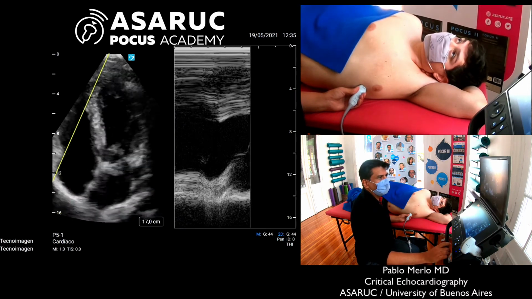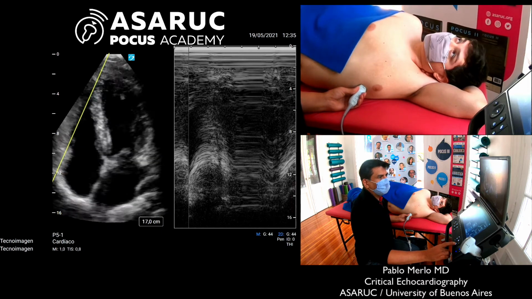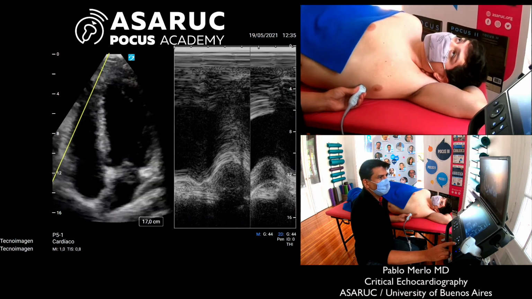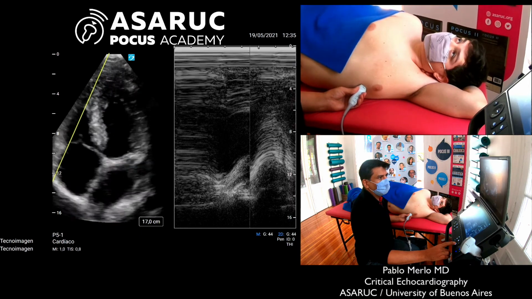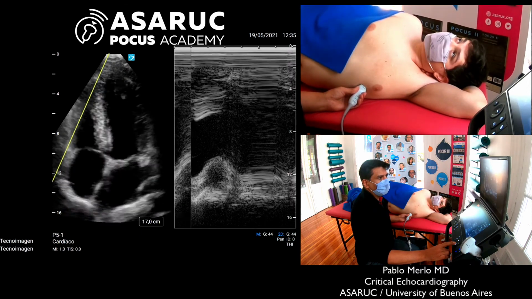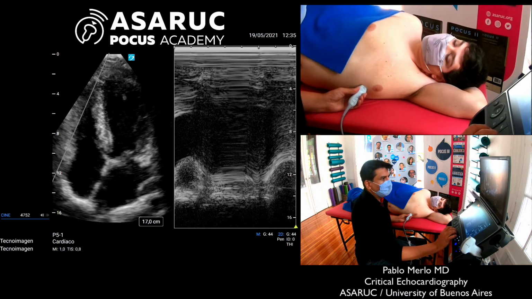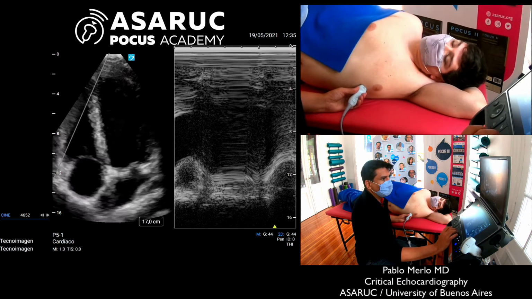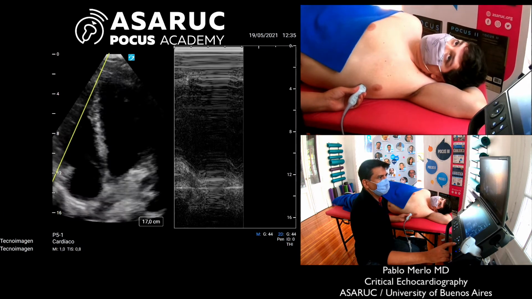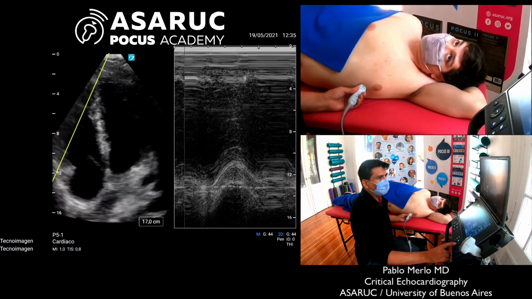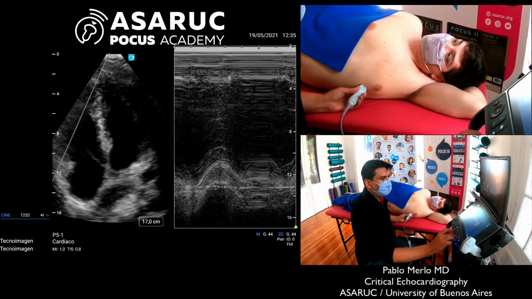Let's switch to M mode and move to the lateral tricuspid annulus to measure the tricuspid annular plane systolic excursion, or TAPSE. TAPSE is another index to assess the systolic function, in this case of the right ventricle.